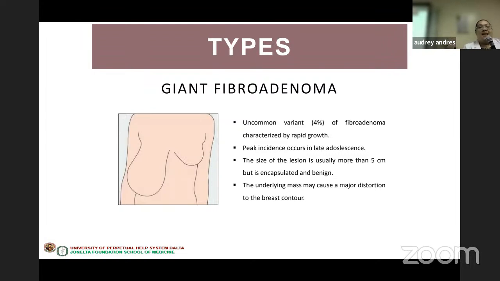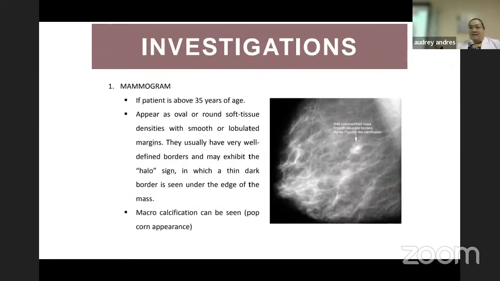The underlying mass can cause a major distortion of the breast. Of course, if it happens in adolescent women and you're causing a disfigurement like this, this would be cause for concern. That would bring your adolescent to your clinic. So investigate with a mammogram.